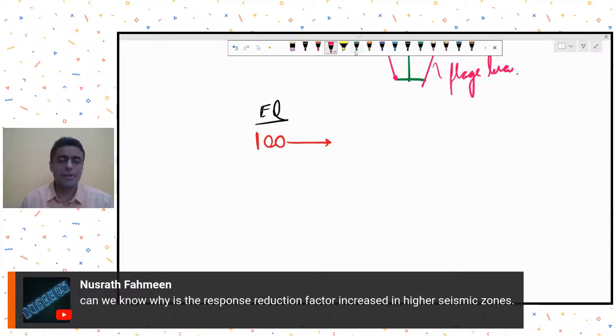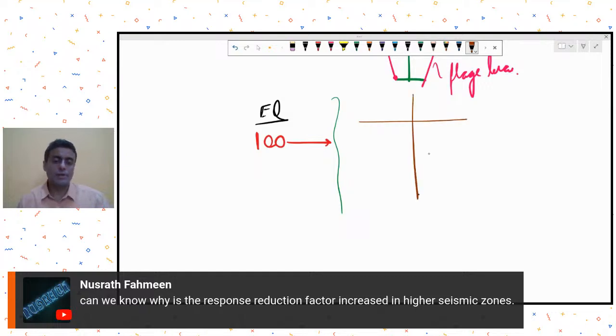Let us say 100 units of earthquake force are acting, and this is the way we usually explain in our courses also, because I find this easier to understand. Our underlying principle is not to design earthquake proof structures. Rather, we like to design earthquake resistant structures.